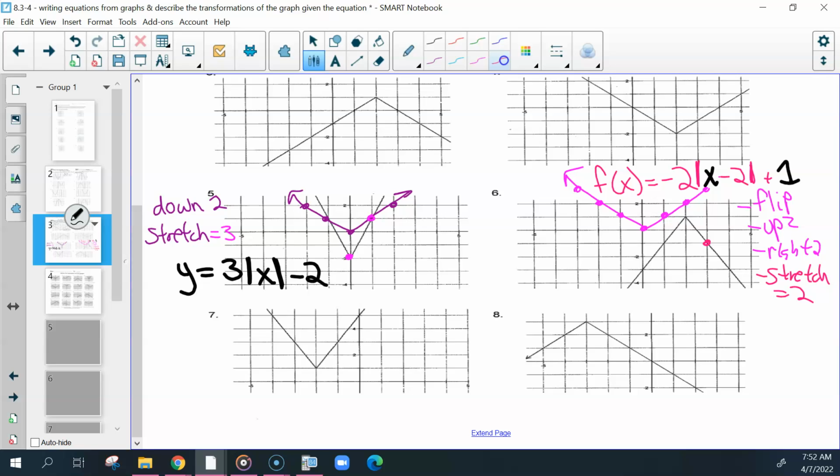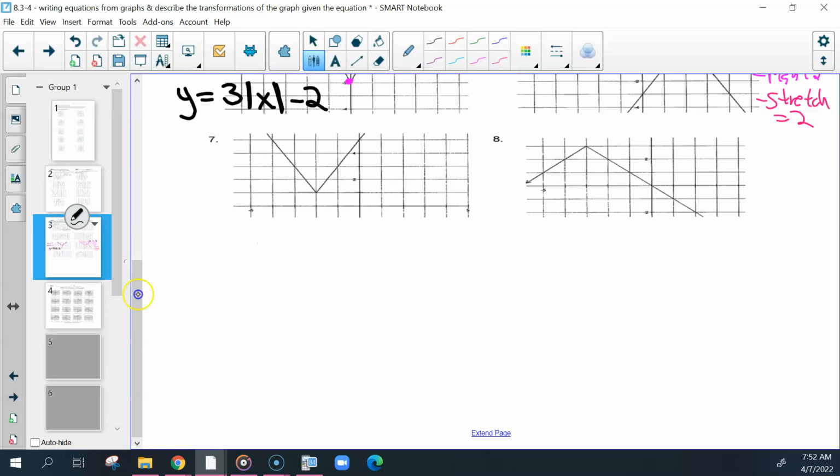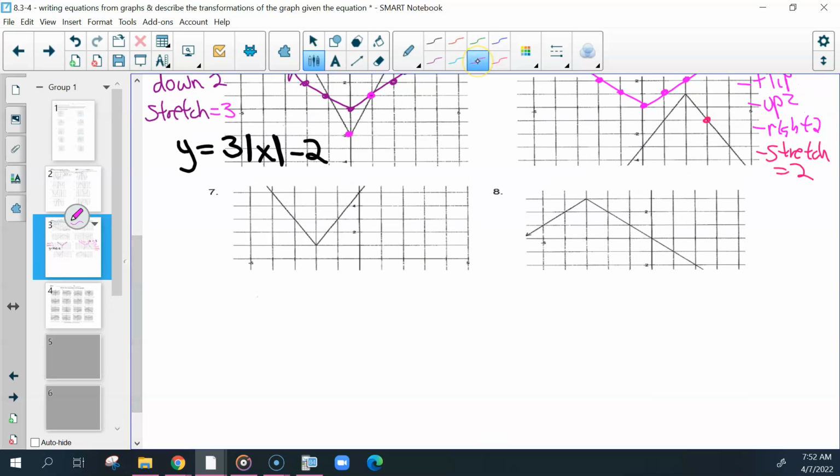And then for 7, this would be your parent function, and this was moved left 2, up 1, and it looks like this also stretched.